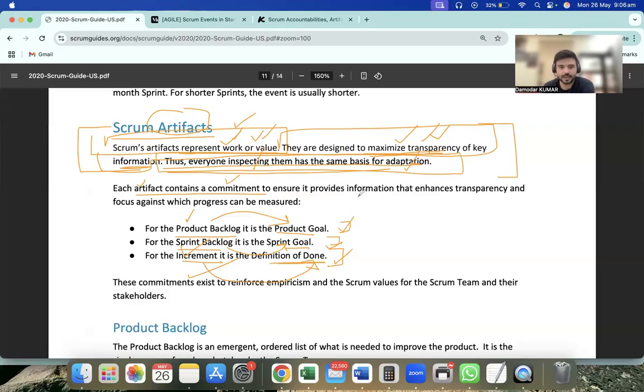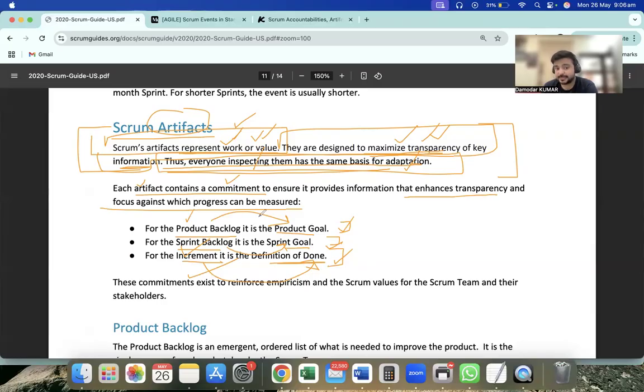Again, it's the same thing written: each artifact contains a commitment to ensure it provides information that enhances transparency and focus, against which progress can be measured. That's 100% right.